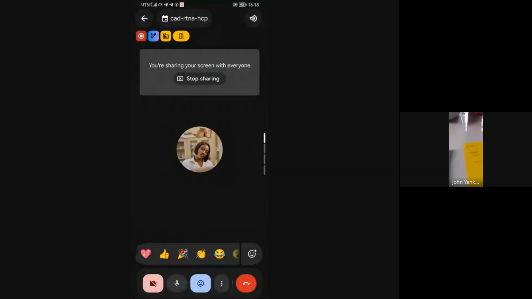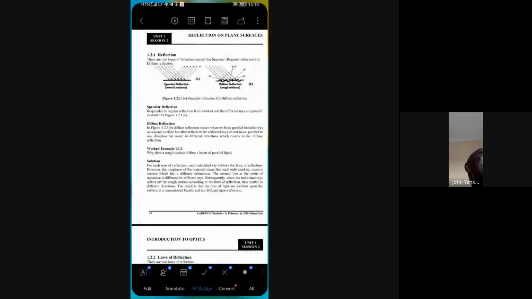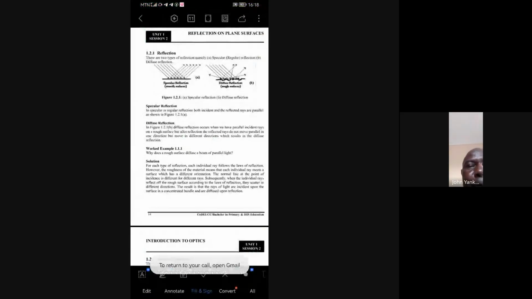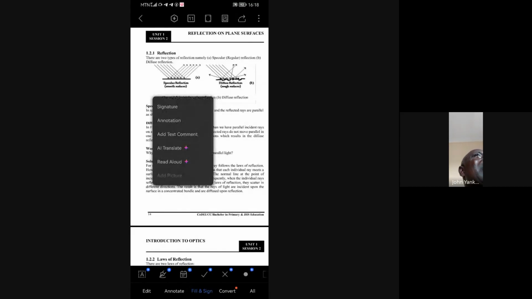I was saying that when you shine light from a torchlight onto a mirror, the mirror will reflect the light back to you. The light will come back. The light that came from the torchlight towards the mirror is called the incident light or incident ray.